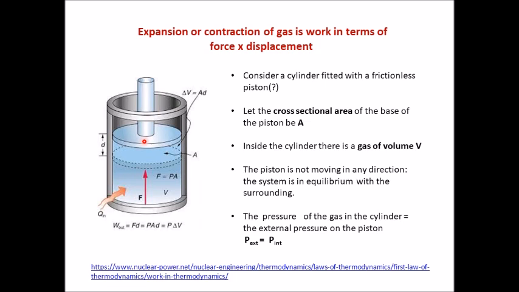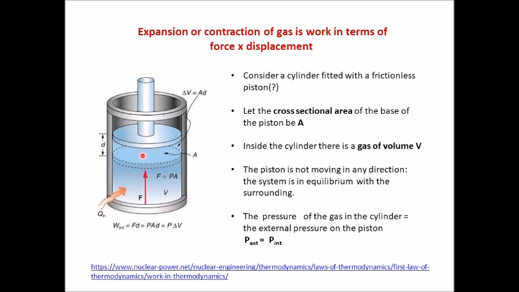Why do you think it is frictionless? Because the piston will otherwise have to work to overcome the friction. That is why we don't want any other work to consider just now, and so we are considering a frictionless piston.